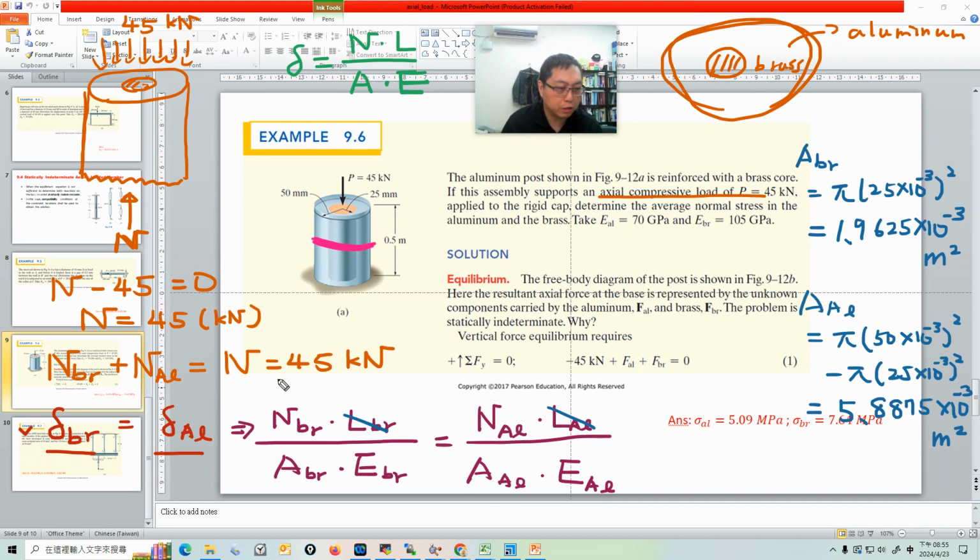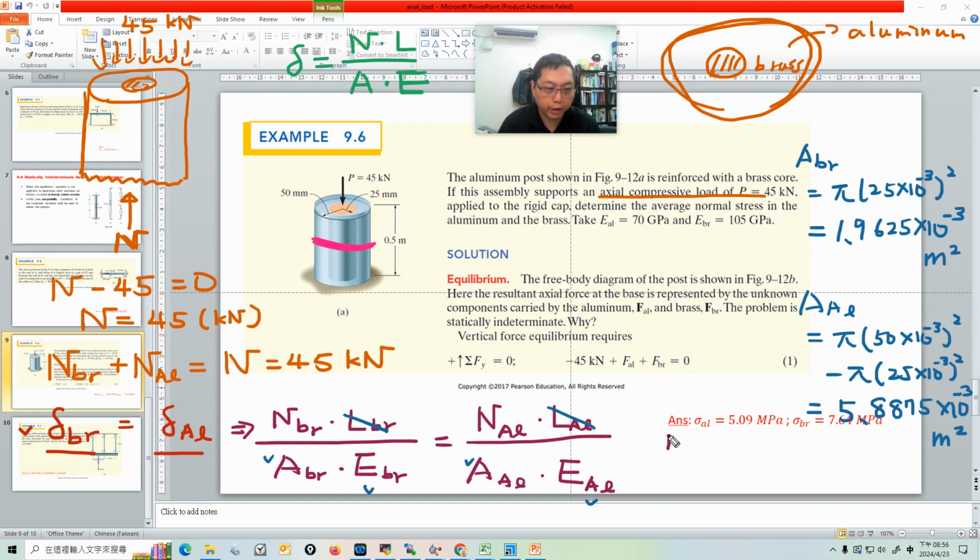And finally, this problem gives us the modulus. Elastic modulus of aluminum is 70 gigapascal, and elastic modulus of brass is 105 gigapascal. So we put all these numbers in there. Let's write down the equation.